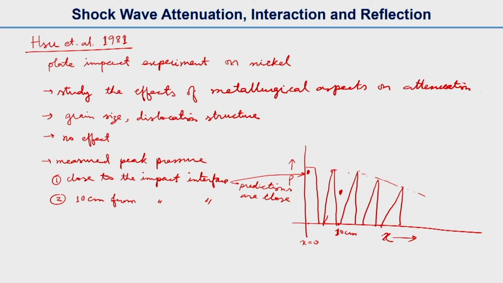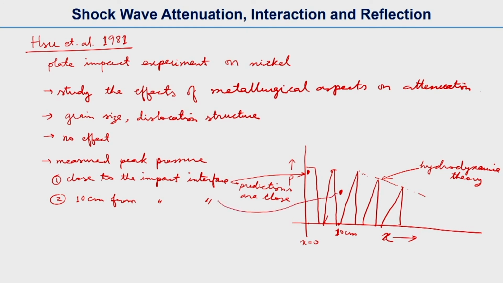But if you use the hydrodynamic theory, I probably forgot to tell you this, whatever plots we have are from using hydrodynamic theory, and they had one experiment with two positions of measurement.